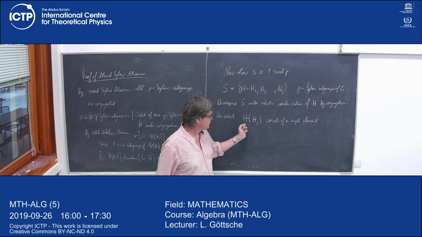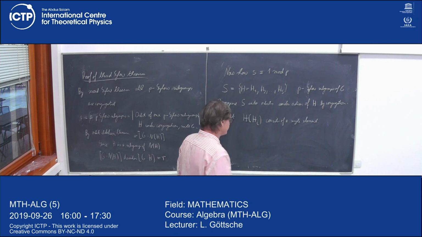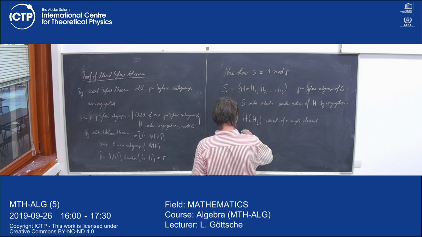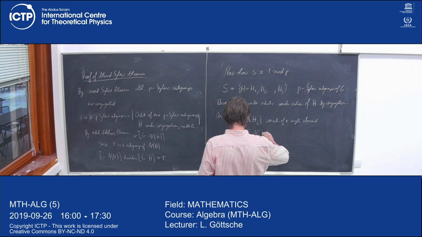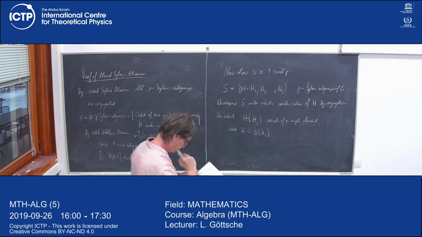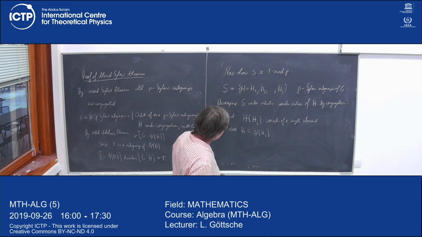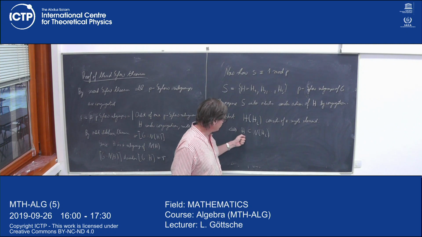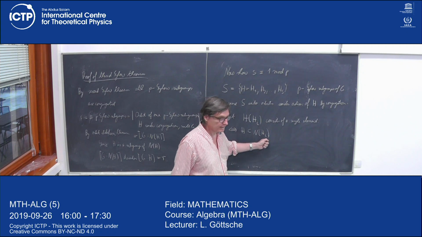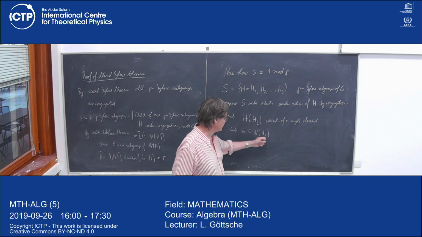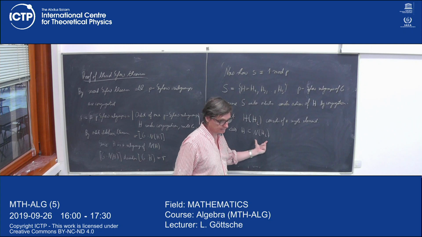So that means this holds if and only if H is contained in N of Hi. So note that H has still P to the M elements, and Hi also has P to the M elements, and the number of elements in N of Hi is a divisor of the number of elements in the group. So that means both H and Hi are P Sylow subgroups of N of Hi.